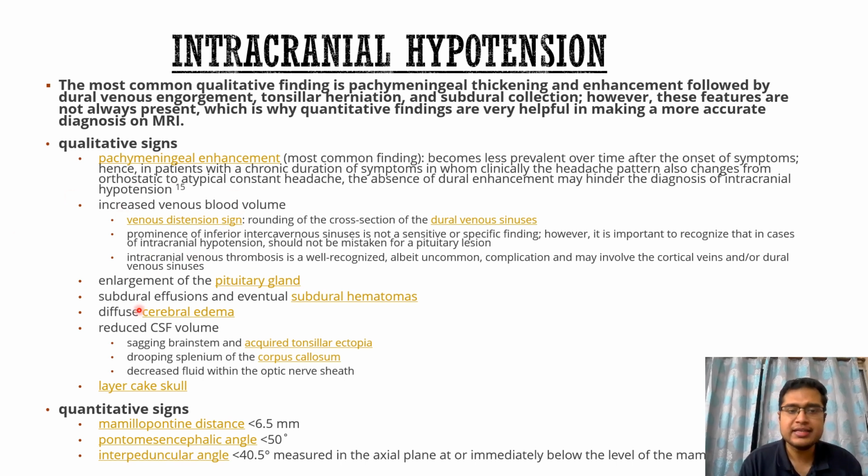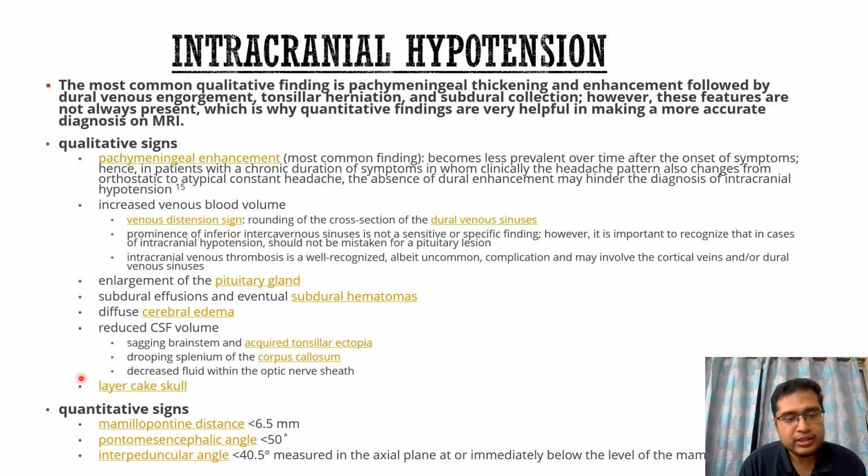Other than that, there is intracranial venous thrombosis as a well-recognized complication of this particular condition. There is enlargement of the pituitary gland, which was seen on the sagittal images. We can also encounter subdural effusions and subdural hematomas in this particular condition, along with reduced CSF volume, which is actually seen in the form of sagging brainstem and drooping splenium of the corpus callosum.